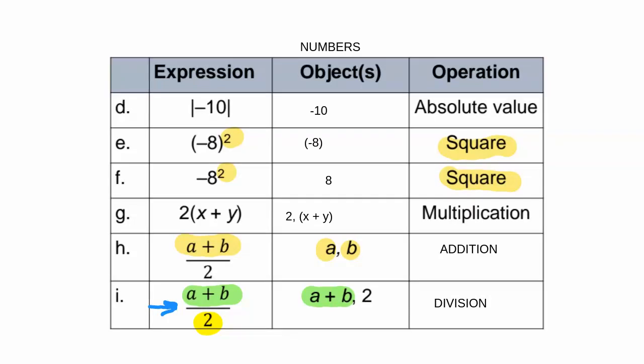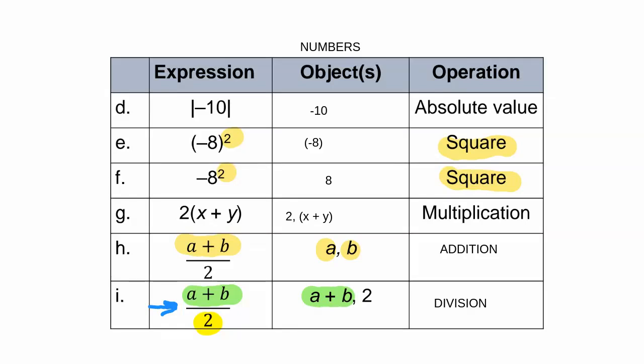The objects, the operation. Now notice we put A plus B, comma. That is grouping the numerator together. Whereas in H, we took the numerator and we separated it. A, comma, B. What's between the A and the B is addition. That's the plus sign.